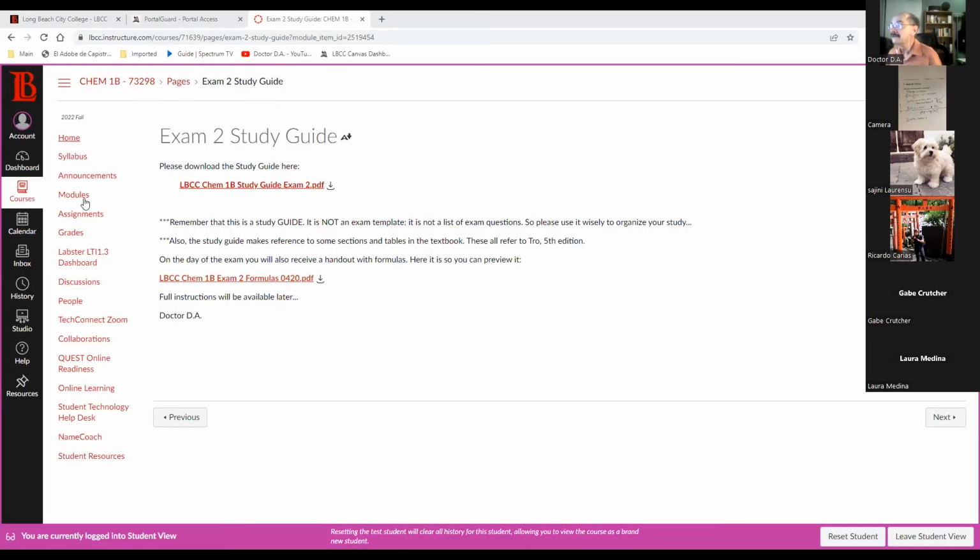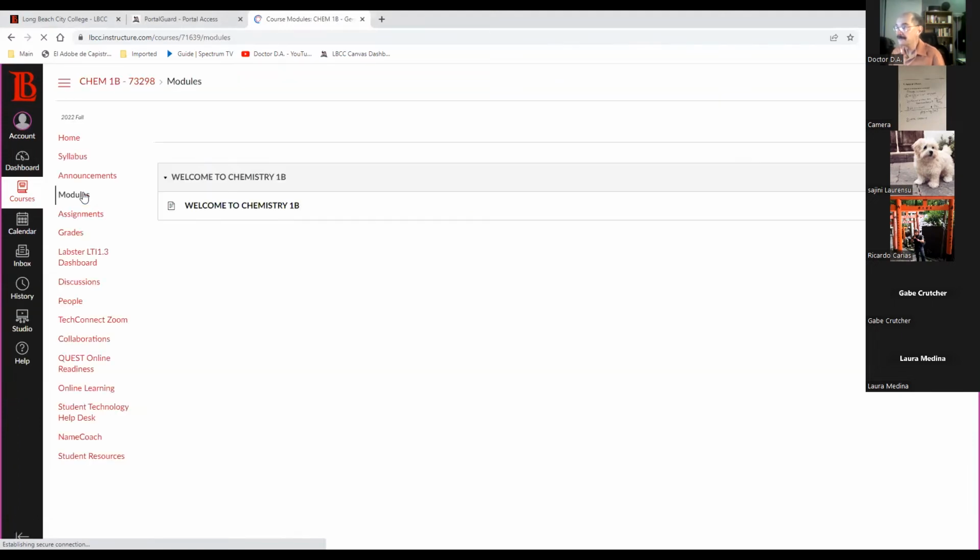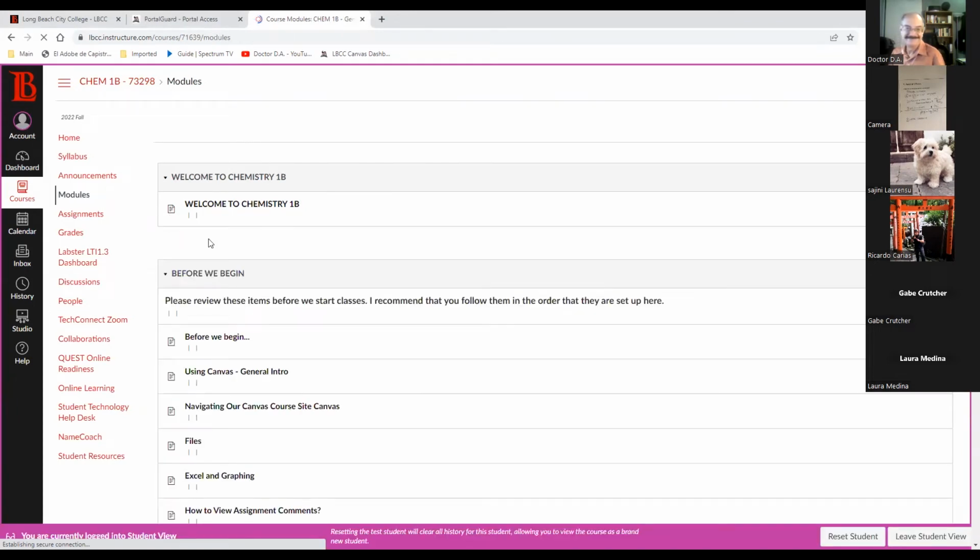Okay, this is going to take a little while because my computer, like I said, is a little slow, not the connection, but actually painting the screen. So here come the modules, and it's taking a little while.